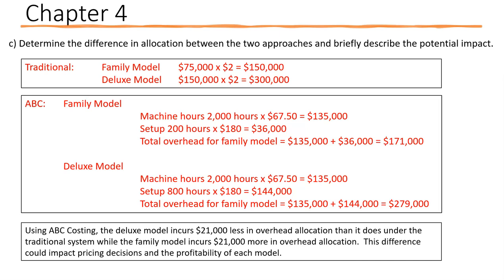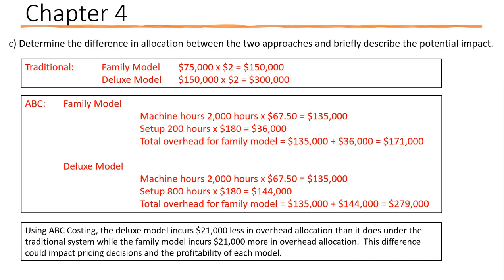Under the ABC, the deluxe model only gets $279,000 of overhead, so $21,000 less. Under ABC, the family model is getting $21,000 more in overhead allocation. So it went from 150 under the traditional to 171 under the ABC method.